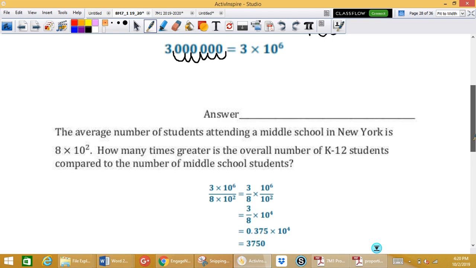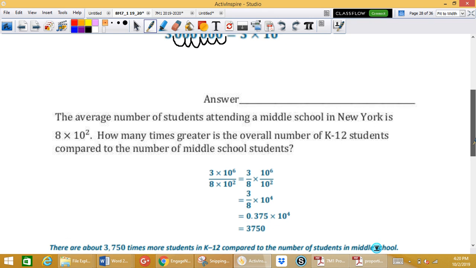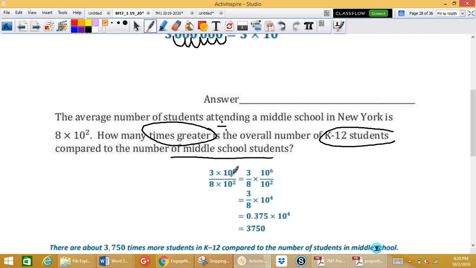The average number of students attending a middle school in New York is 8 times 10 to the 2nd. How many times greater, that's our divide, is the overall number of students K through 12 compared to the middle school students? So I need the students for K through 12, which is 3 times 10 to the 6th, divided by 8 times 10 squared.